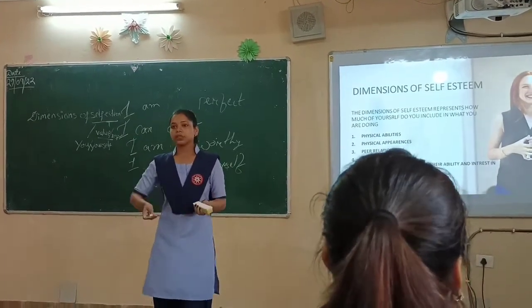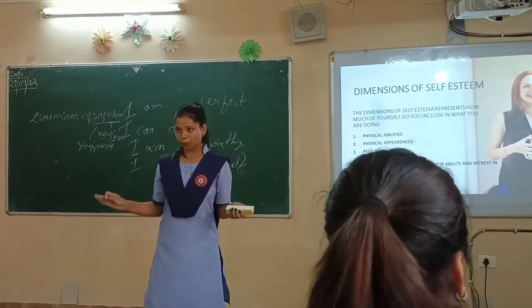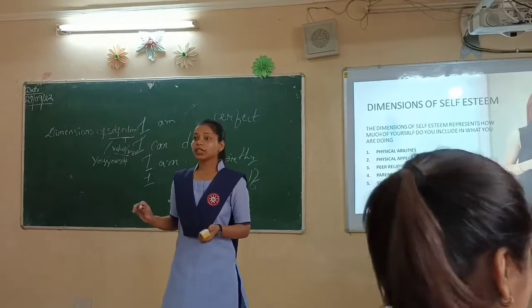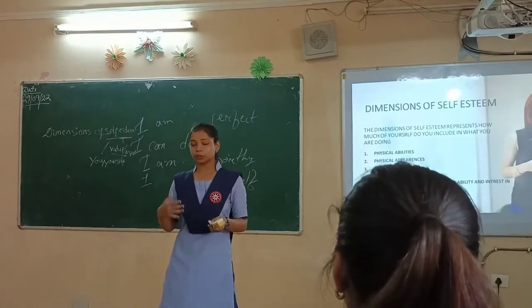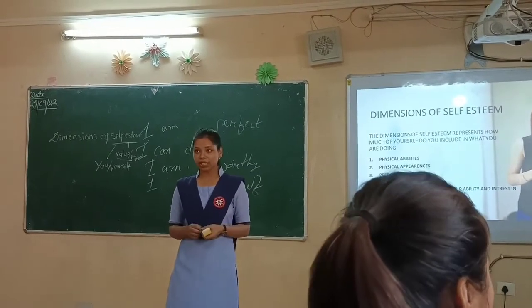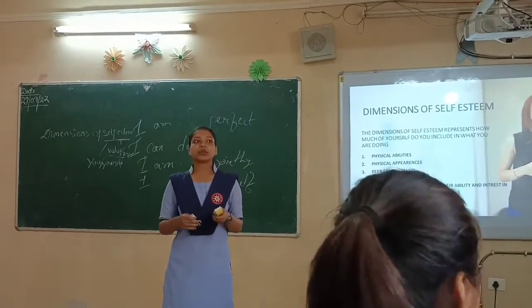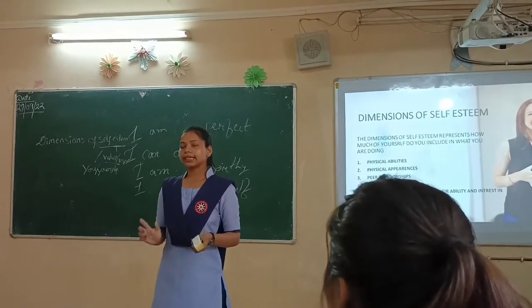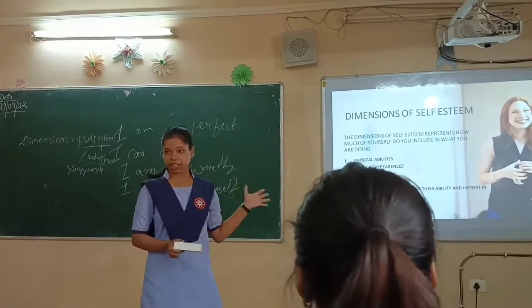For example, in our group we have 5 members, and we do work together, teamwork. How we share our bond with each other, our understanding, our concept, also we share our ideas with each other. So these things come under peer relationship.